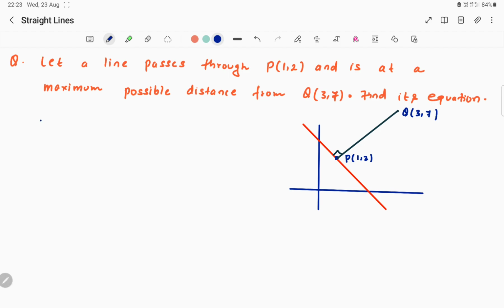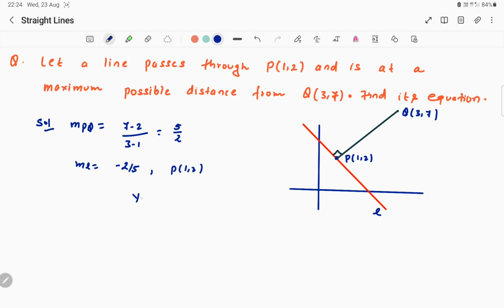So now I'm writing the solution. So slope of PQ is how much? 7 minus 2 divided by 3 minus 1, which is equal to 5 by 2. So what is the slope of the line L? Slope of the line is going to be minus 2 by 5. So you got the slope and it is passing through the point P(1, 2).